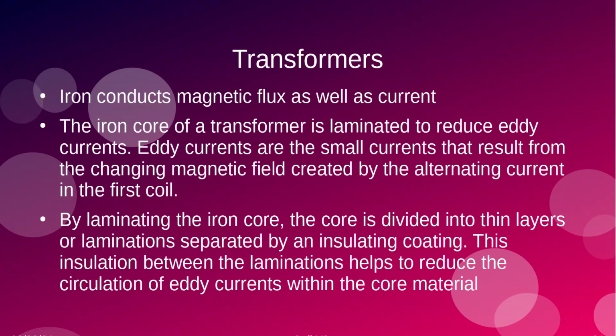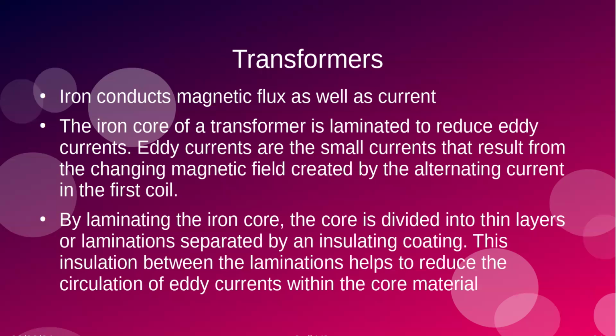Because you have the magnetic field, you actually generate current within that core, or eddy currents, and they can become quite large depending on the mass of the core. If you break it up into these little thin laminations, it greatly reduces the amount of eddy current.